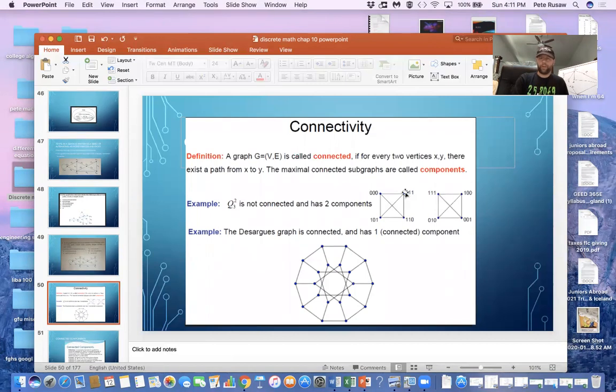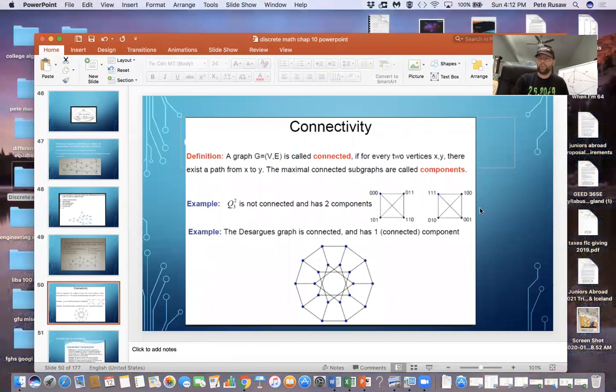Or for example, if this was one graph, all of this, then it would have a connected component right here and then another connected component right here, but they're separate from each other. They're connected within themselves, but if this were one graph, then it's not a connected graph because you can't get to these vertices from these and vice versa. This is a connected graph because no matter where you are, you could get anywhere else by moving along edges and through vertices.